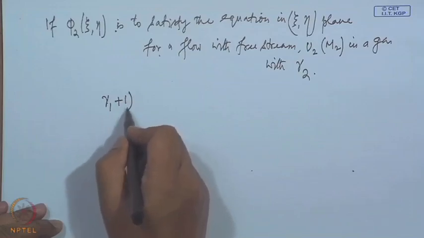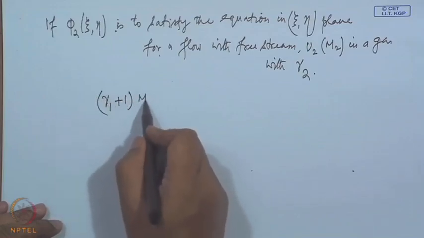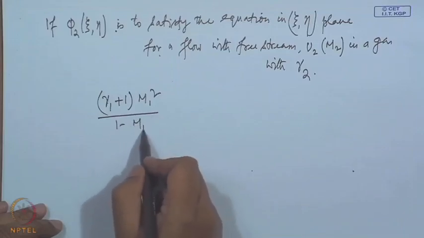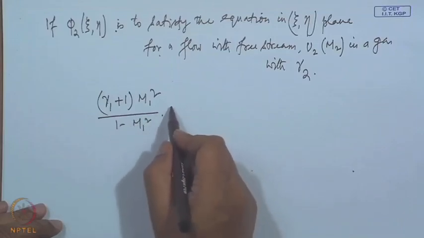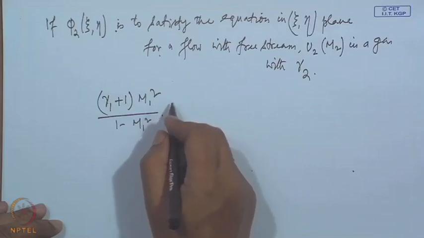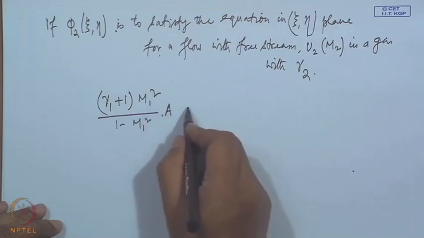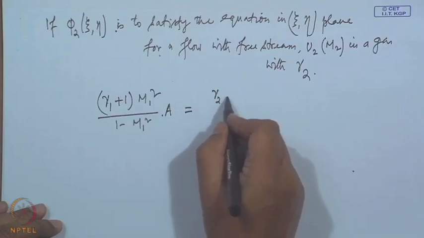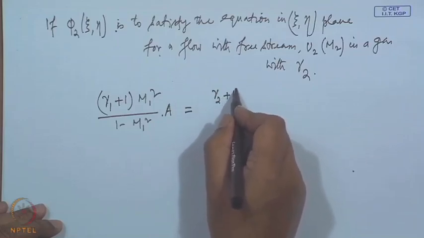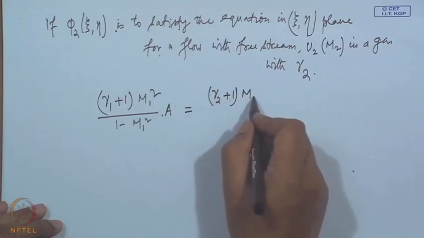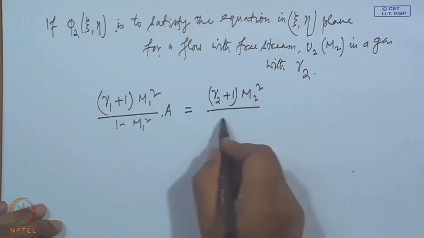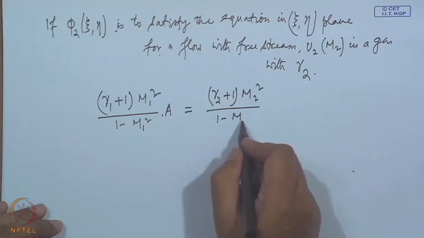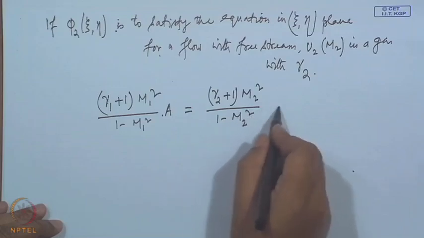gamma 1 plus 1 into M1 square by 1 minus M1 square into A should be gamma 2 plus 1 into M2 square by 1 minus M2 square.